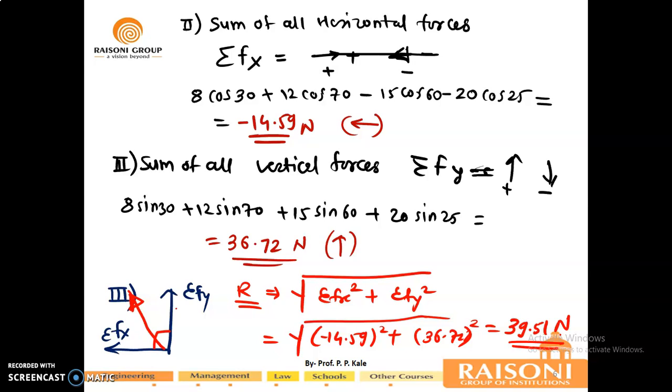Now you have to define its direction. The resultant is lying in the second quadrant, and you know the magnitude of the resultant. Now the direction of the resultant. So this is the scene right now.